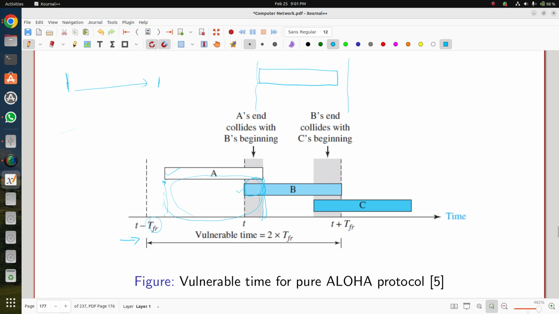This is a point where bits are common, the time is common, actually this duration is common for both the frames. So whenever even one bit duration is common, then there will be collision.